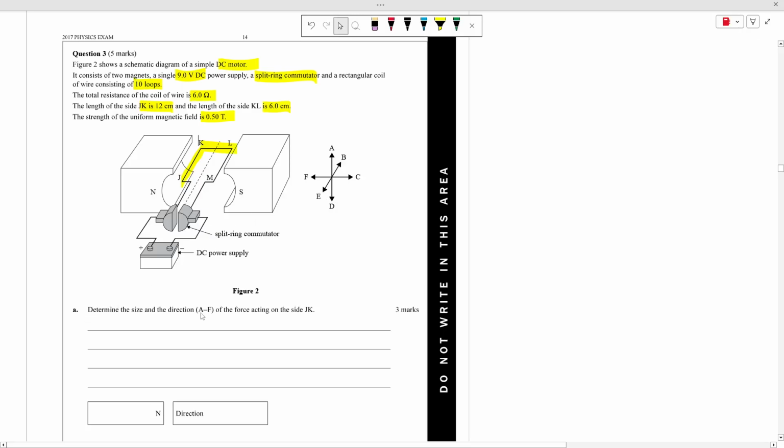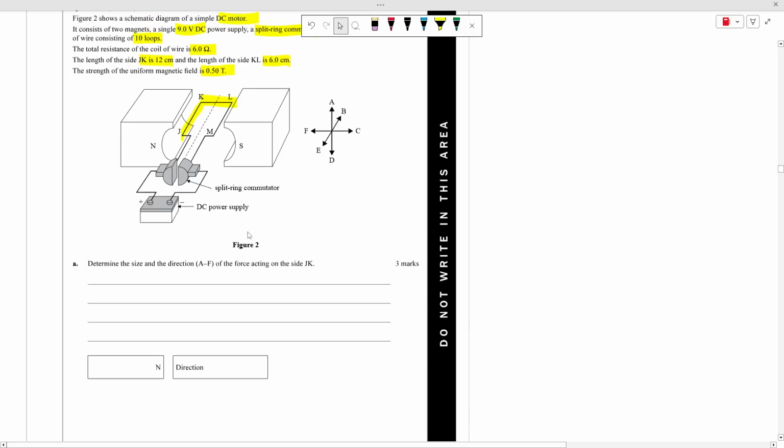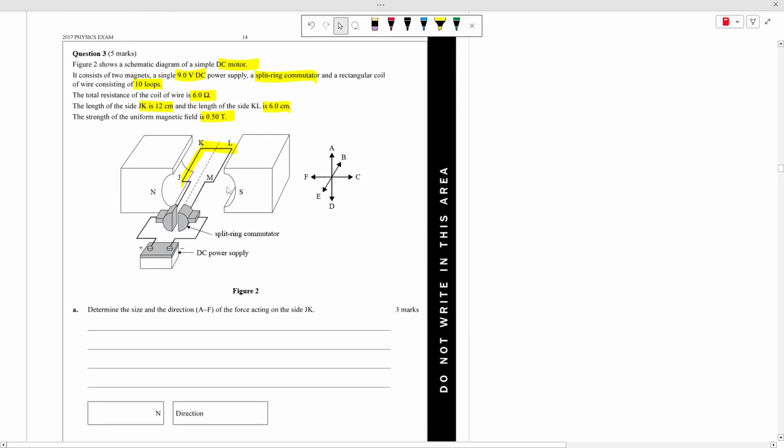Determine the size and direction of the force acting on the side JK. The direction is one of these options here. So this is a motor. A motor relies on having an electric current passed through a wire that is perpendicular to a magnetic field.